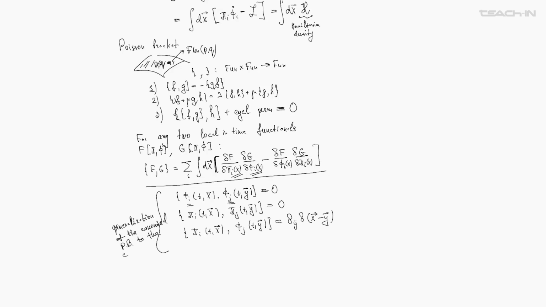So fields themselves Poisson commute. Momenta of these fields also Poisson commute between themselves. And the bracket between momenta and coordinates is proportional to the delta function delta x minus y.